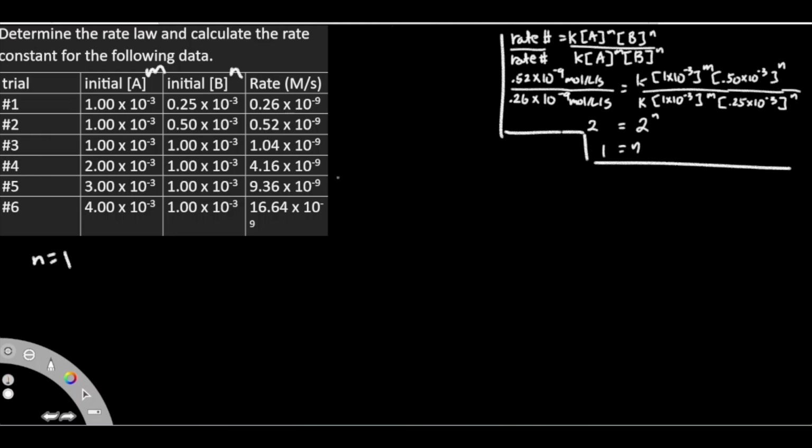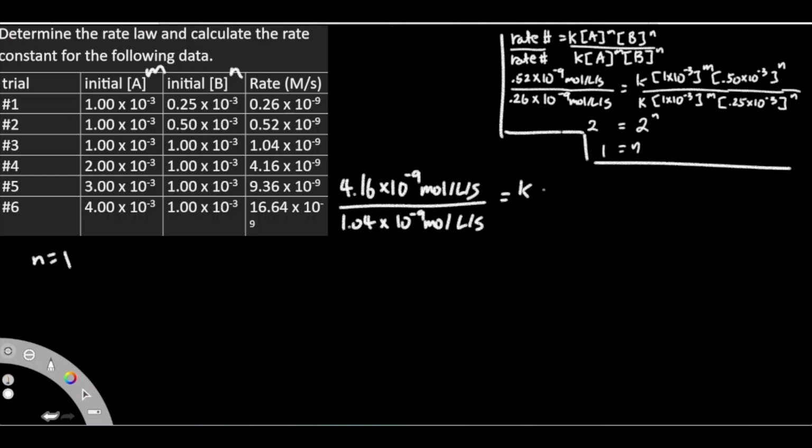So let's look at our first one. Our number 4 here is going to be 4.16 times 10 to the negative 9 moles per liter per second, and it's going to be dividing it by 1.04 times 10 to the negative 9 moles per liter per second.